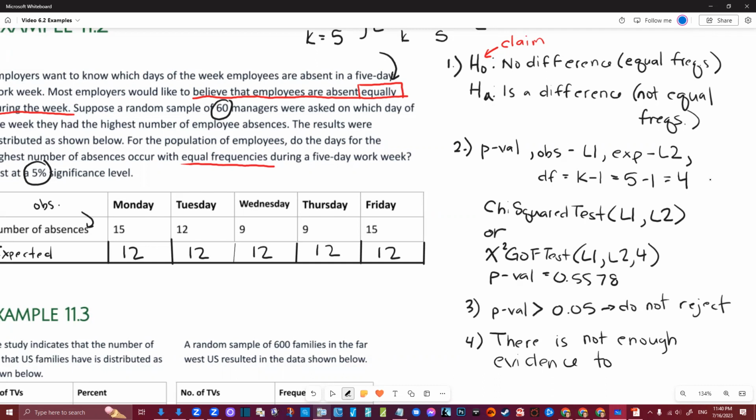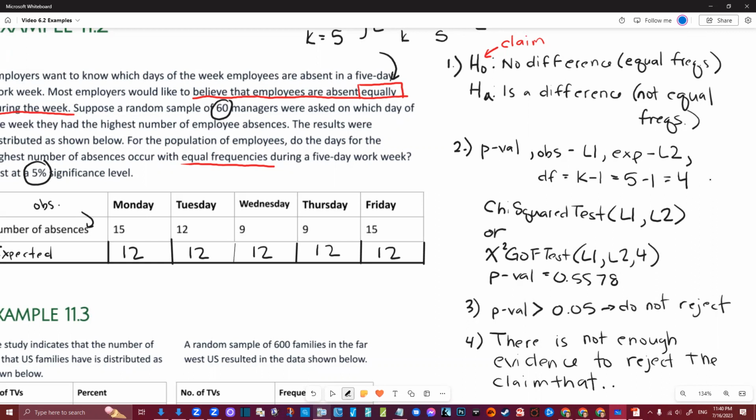And then we go back and look at our step 1. The null was our claim. So we're talking about rejecting or not rejecting. So there's not enough evidence to reject the claim that.